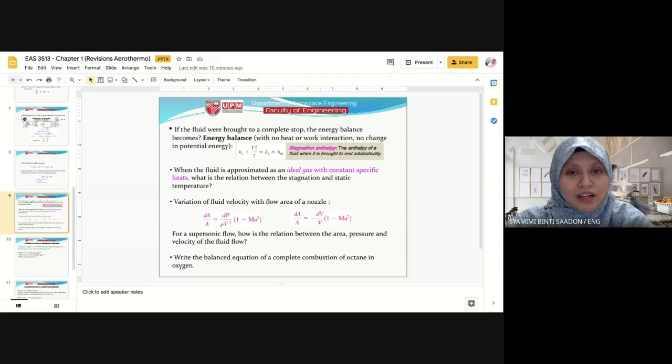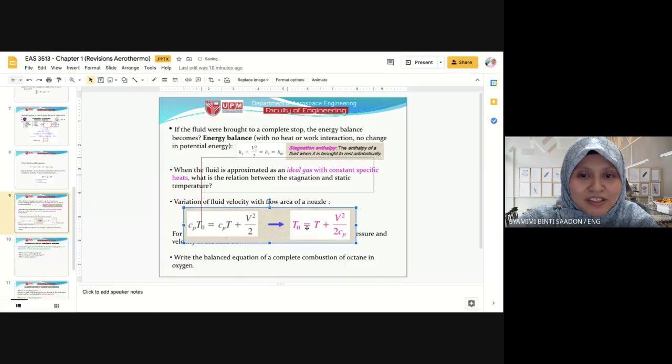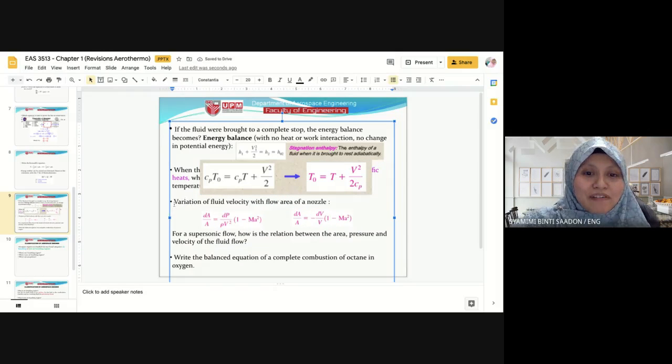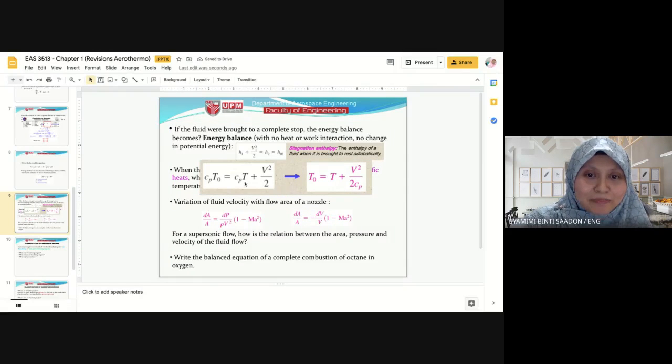So you have this term. The total stagnation enthalpy, we can write as Cp, specific heat, times the total or stagnation temperature T naught, equals to CpT.